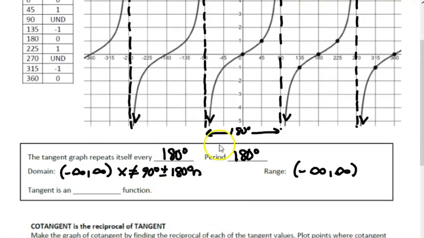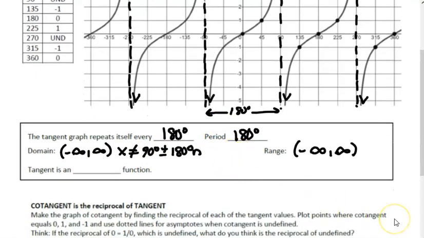So n just represents the number of times to add or subtract 180. So n can be any number, any integer.